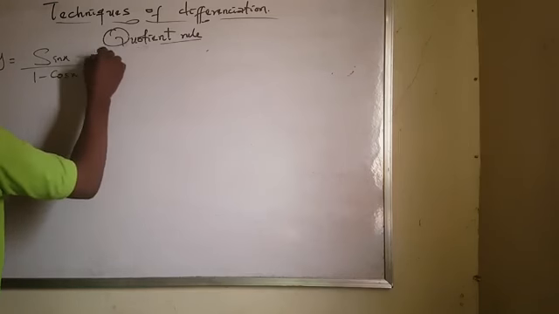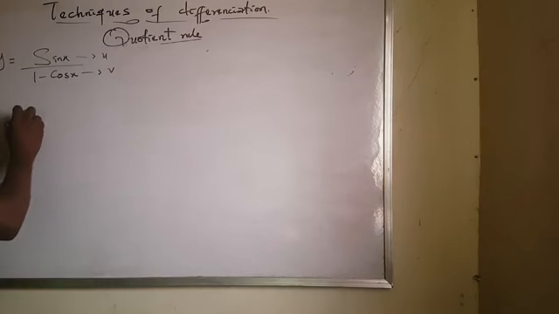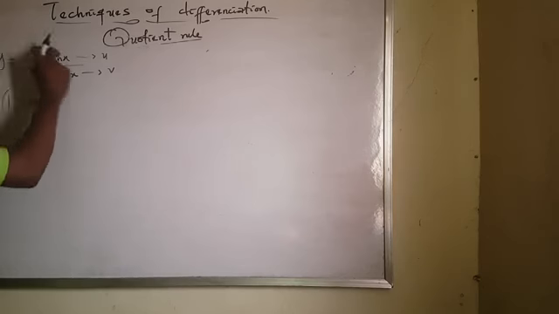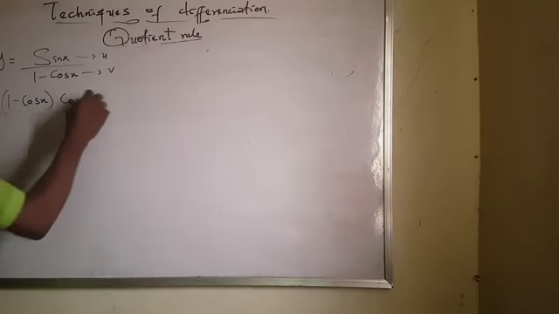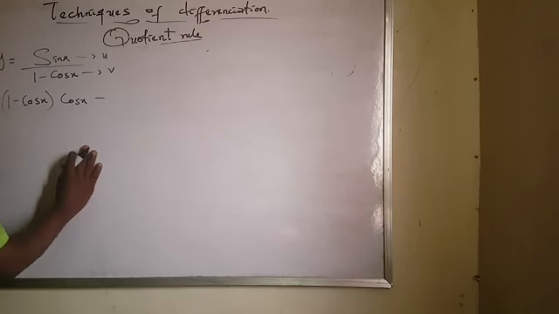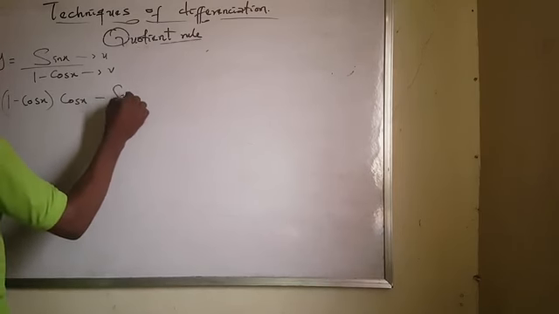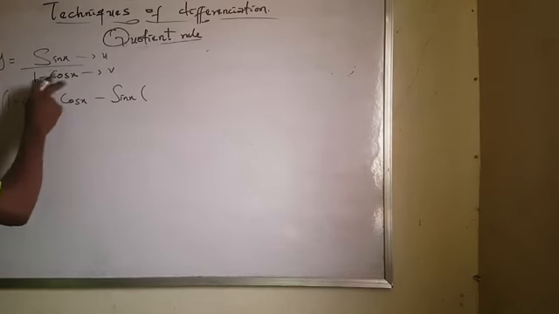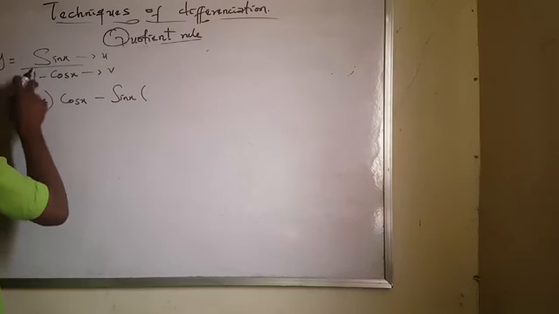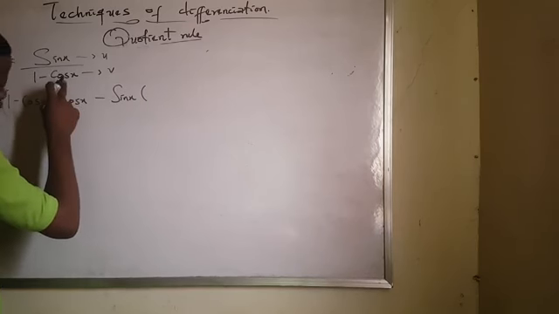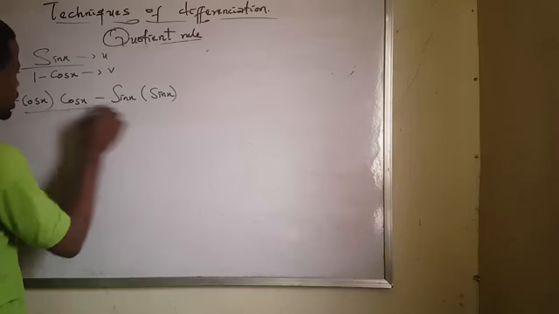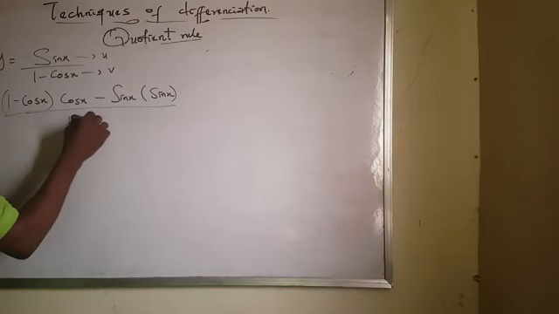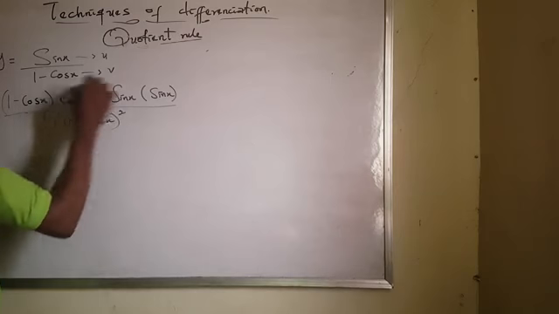Don't forget, this is u, this is v. v is 1 minus cos x, du is cos x, then minus u, which is sin x, dv. If we differentiate 1, it is 0. If we differentiate cos x, we have minus sin x, minus minus that is sin x. Everything over v squared, 1 minus cos x, all squared.